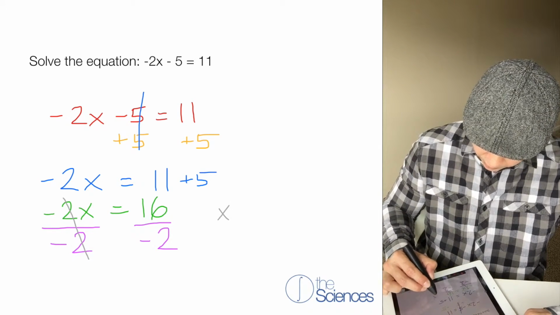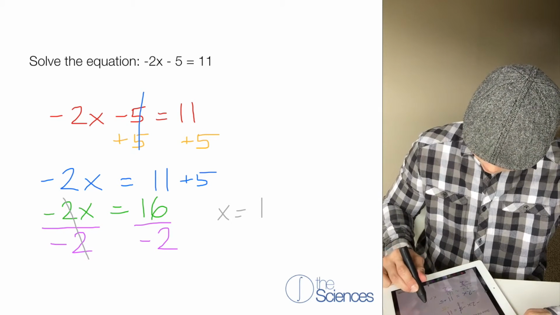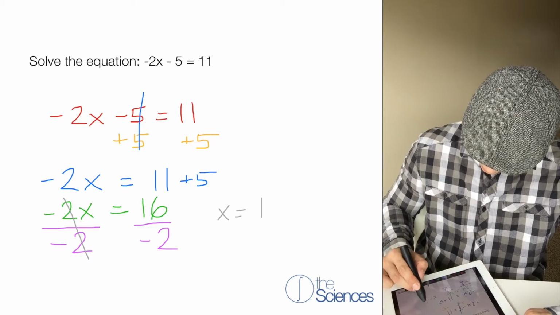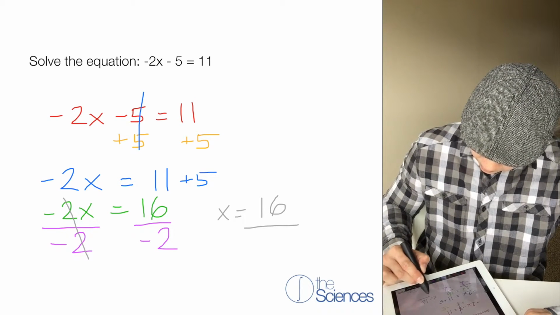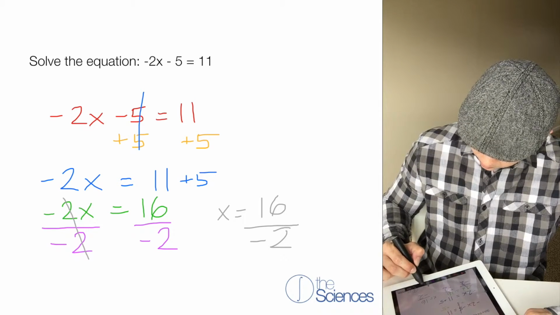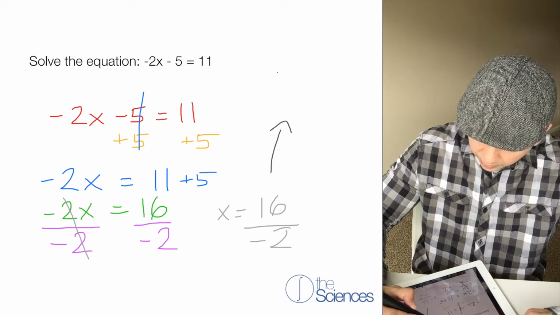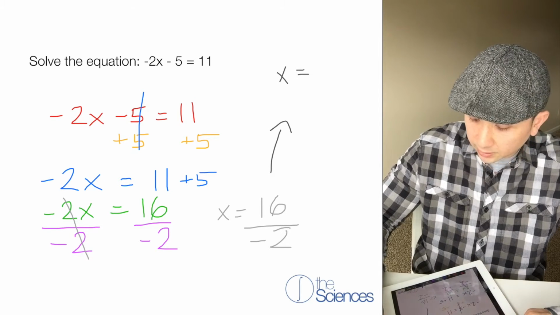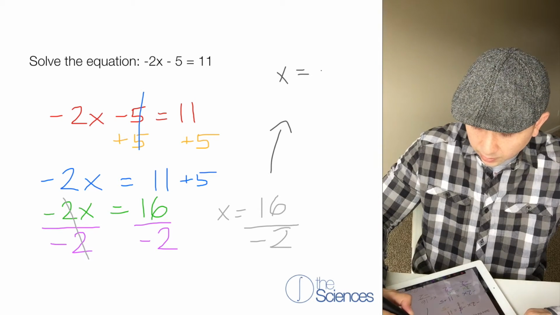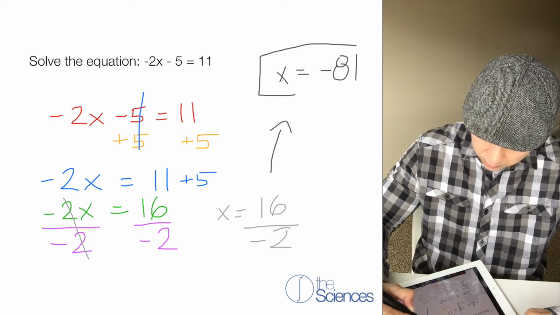So now we have x equals 16 divided by negative 2, which is negative 8. So that's our answer.